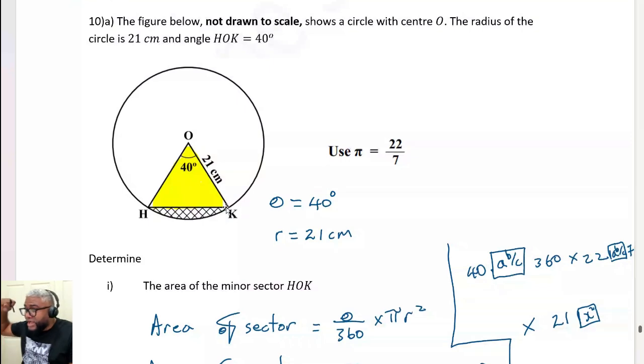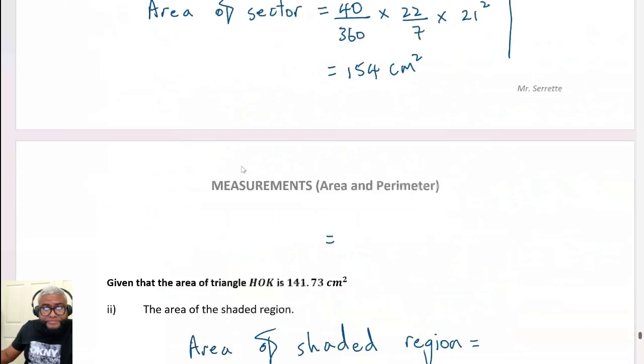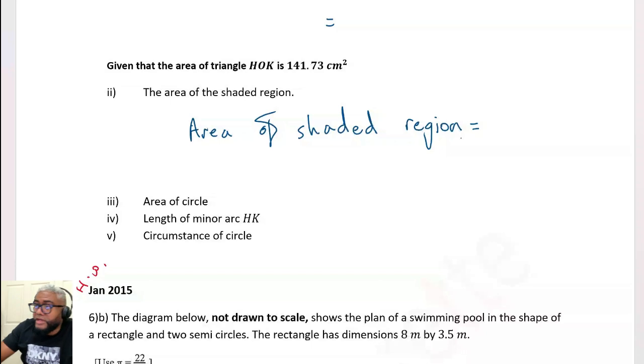So if I take away the triangle from the sector, what remains is the shaded region. You take the area of the sector, which is 154, you minus the area of the triangle. And what do we get? What's the area of the shaded region?